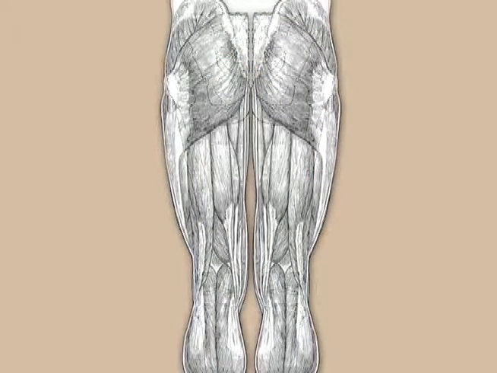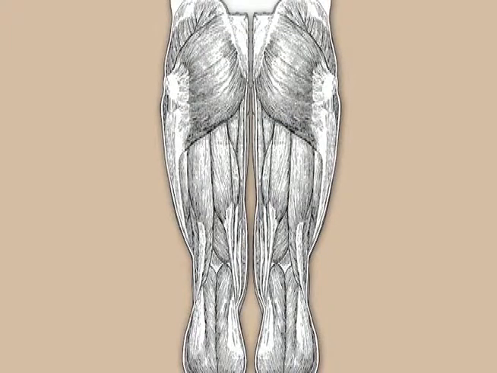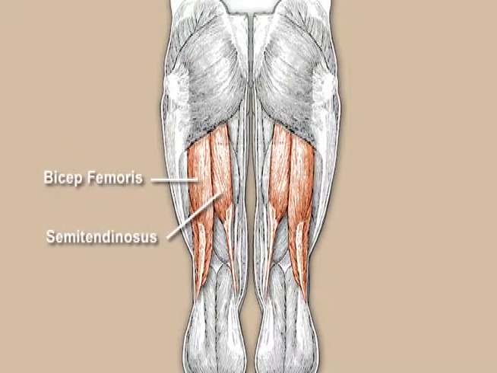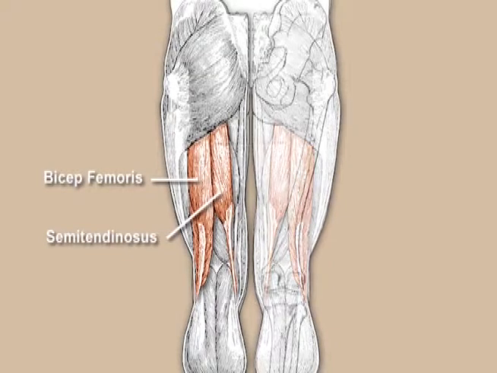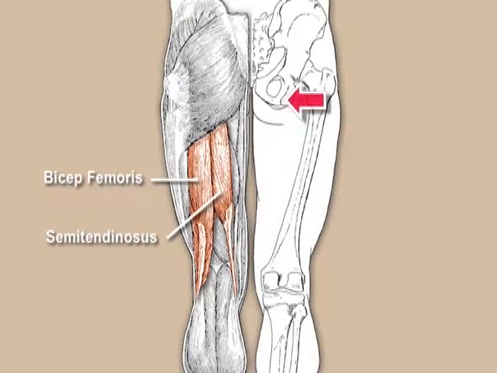Viewing the thigh from the back, the major muscles can be classified as the hamstrings. The hamstrings are composed of two long muscles, the semitendinous and the biceps femoris, which originate at the ischial tuberosity of the pelvis just below the gluteus maximus.